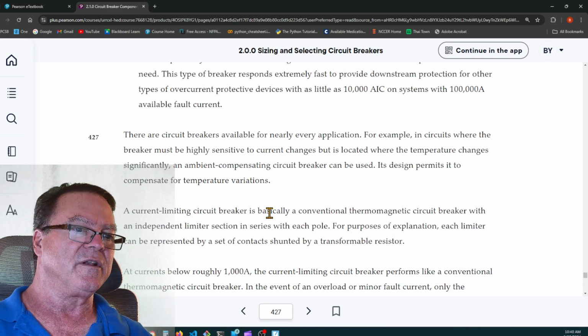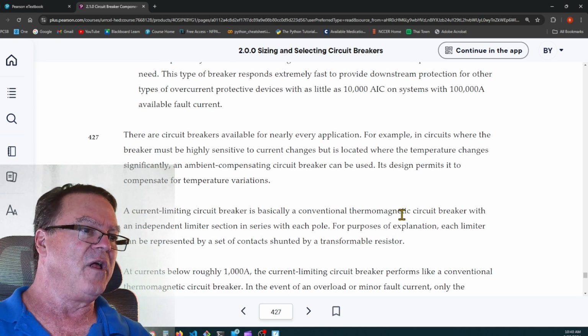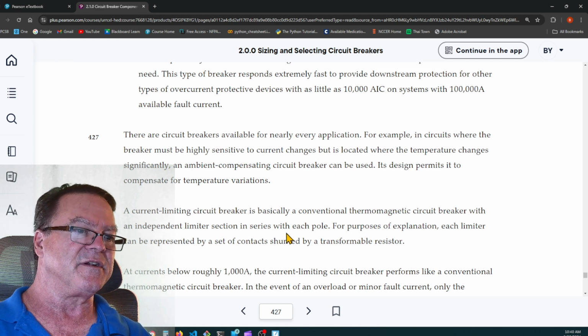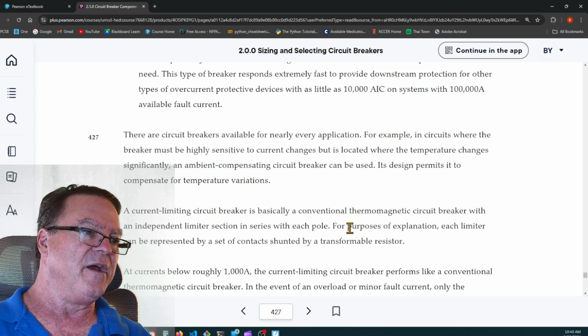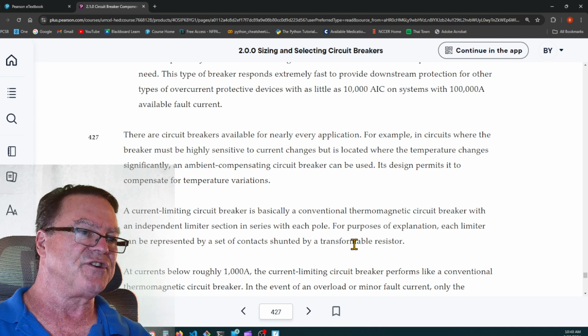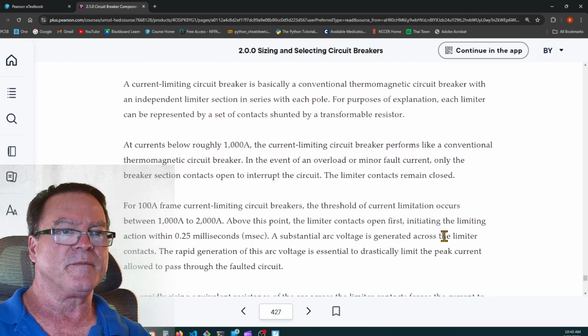So a current limiting circuit breaker is basically a conventional thermomagnetic circuit breaker with an independent limiter section in series with each pole. For purposes of explanation, each limiter can be represented by a set of contacts shunted by a transformable resistor.